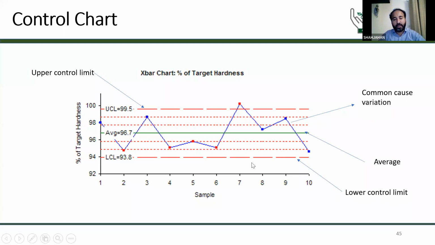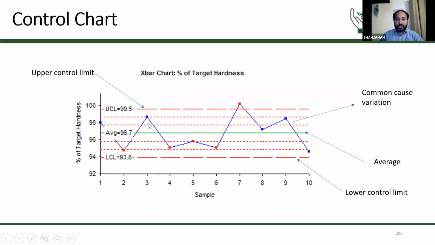This is already predefined. It means you will first set the values, that we are going to prepare the tablet, and the hardness should be as per policy this hardness. So we should not go above this one, and we should not go less than this one. And there is a median line here, the average. And if there is any change in the hardness of the tablet, it goes down, up.